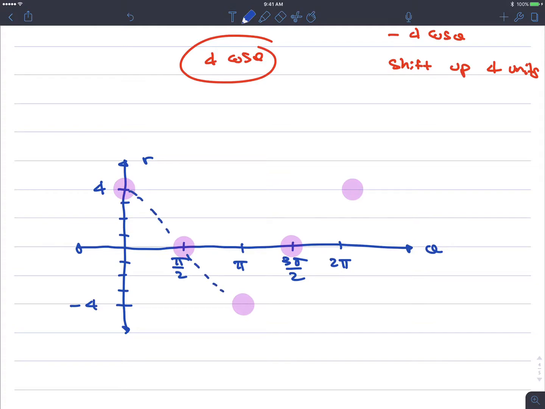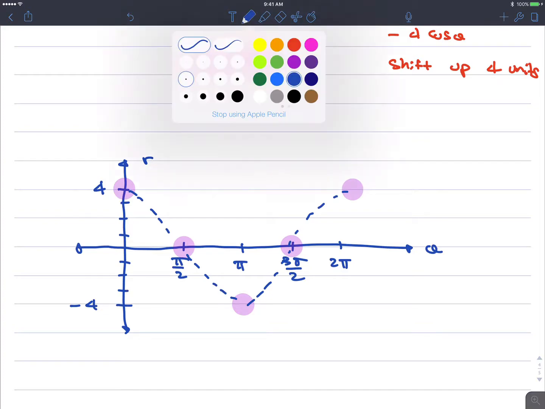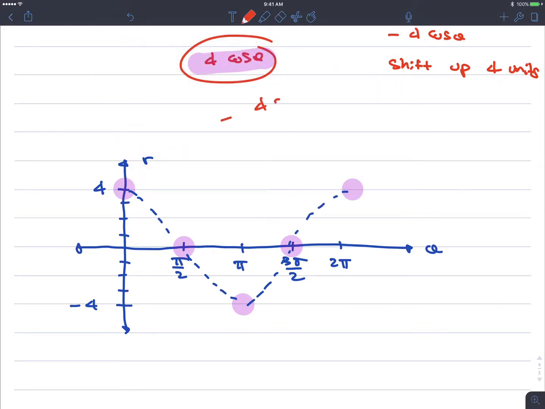I'm going to sketch the curve. So you guys are looking at this curve right here. 4 cosine theta, is that right? Now what do you have to do? How do you describe minus 4 cosine theta? Anybody remember? Yes. This is symmetric about what? Theta. About theta. So you're really going to have, let's actually change this. Here, here, here, here, here.